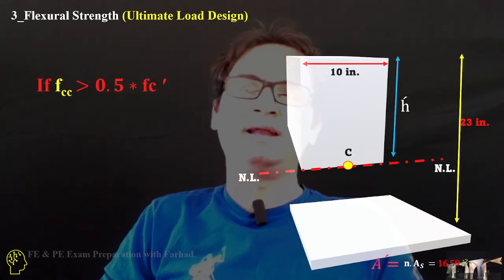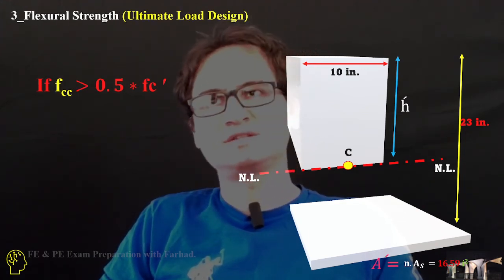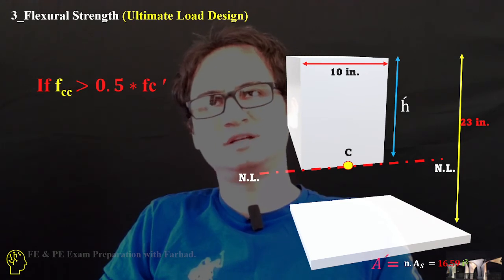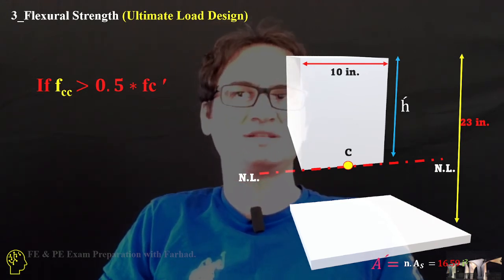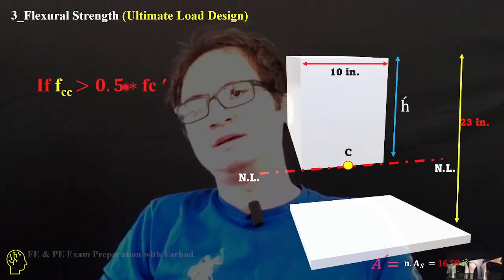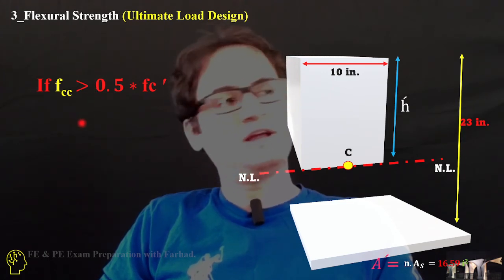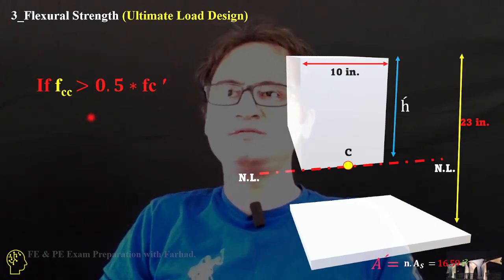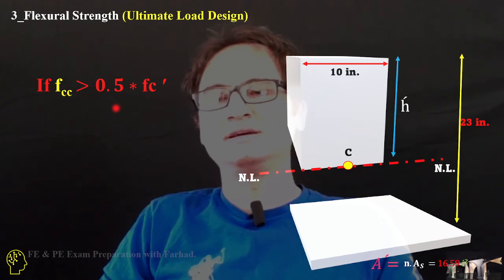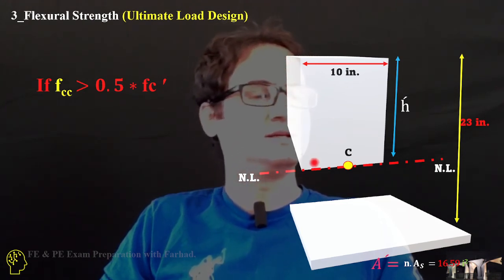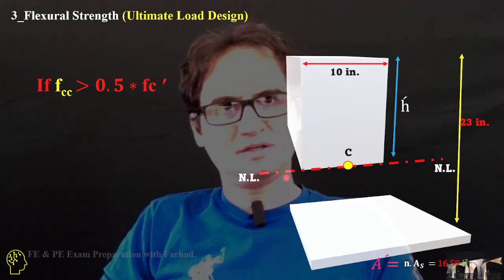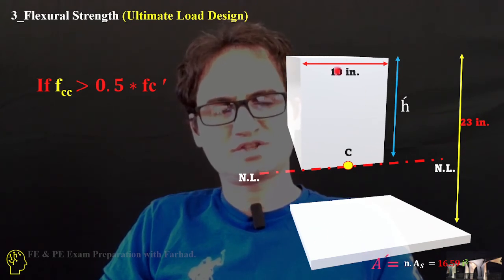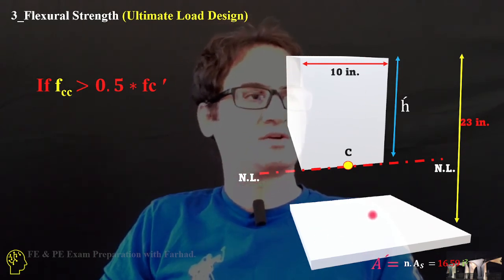And the final one, which is flexural strength in ultimate load or ultimate stress design, is then FCC, stress in compressive concrete, yet exceeded the half of F prime C. The visual shape of the cross section remains the same as section 2.